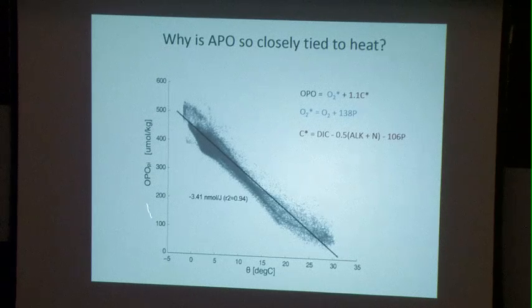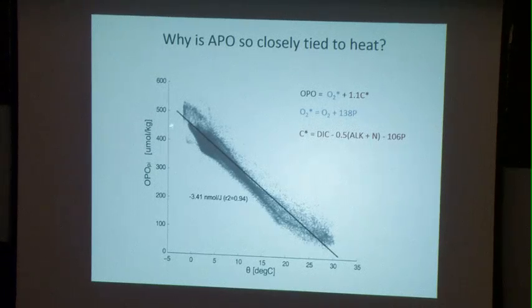What I'm showing here is potential temperature at a whole bunch of points in the ocean, different depths, different latitudes, different longitudes. Each one of these points is some place and some depth in the ocean. And over here is a weird combination of tracers in the ocean, but I don't have time to explain this. This combination of tracers should mimic whether the water has gained or lost APO from the atmosphere.